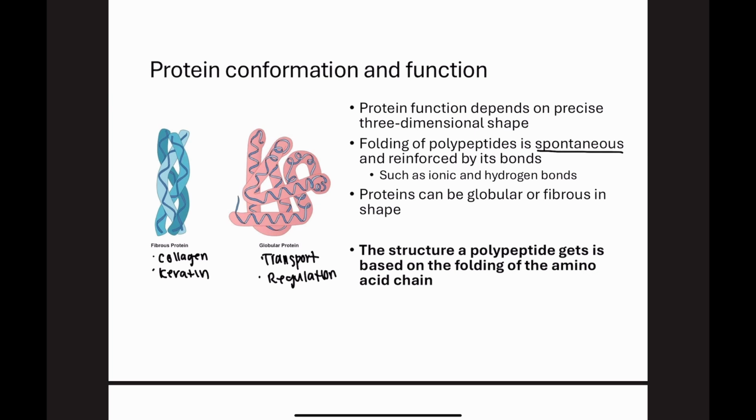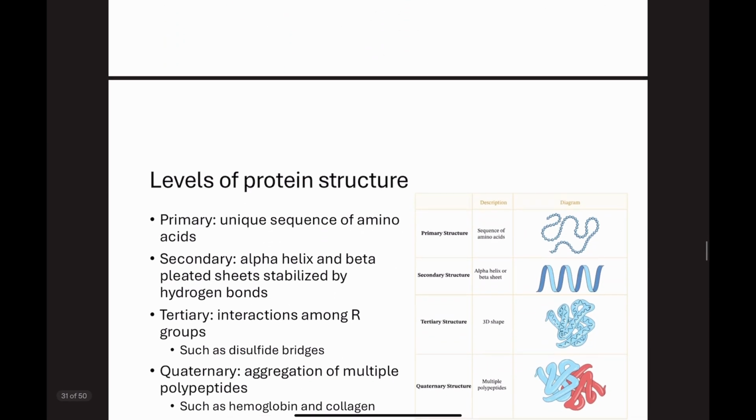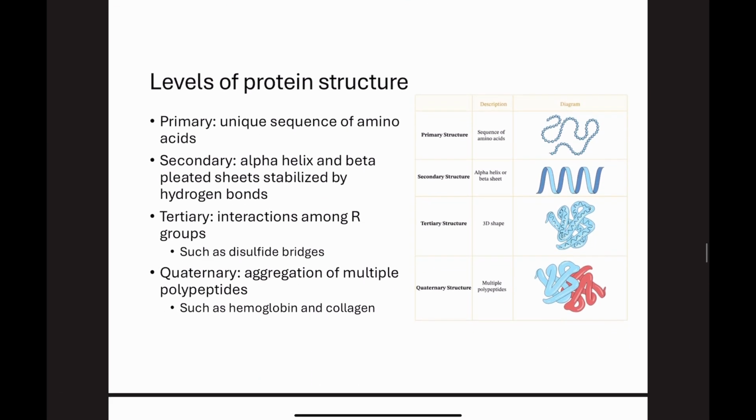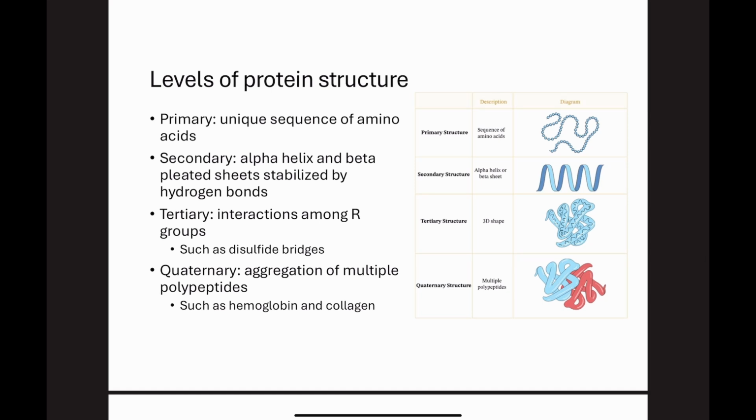So the function of a protein is an emergent property that results from its specific molecular order. In other words, the structure of a protein is hierarchical, with 4 levels contributing to its final shape and function.